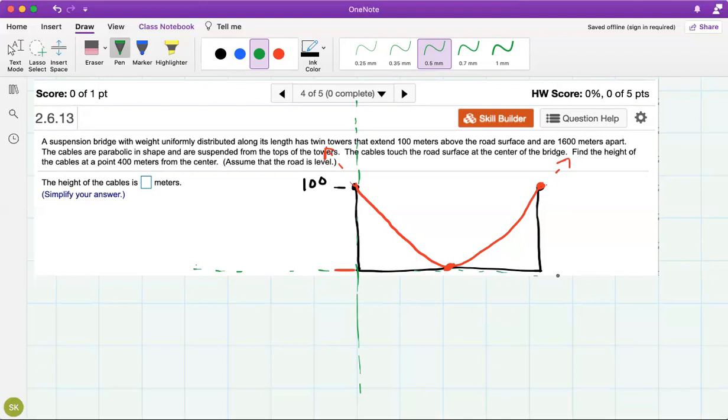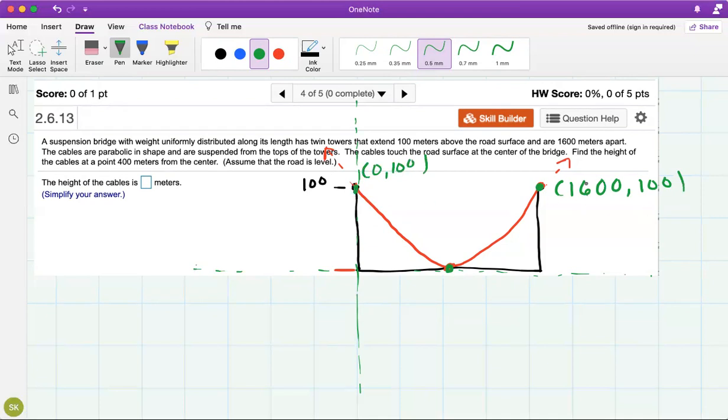So this is similar to the last question I did, which is why I wanted to go through it. You can say that this point right here, this one is 1,600, 100, because its height from the ground is 100 meters. And this point will be 0, 100.